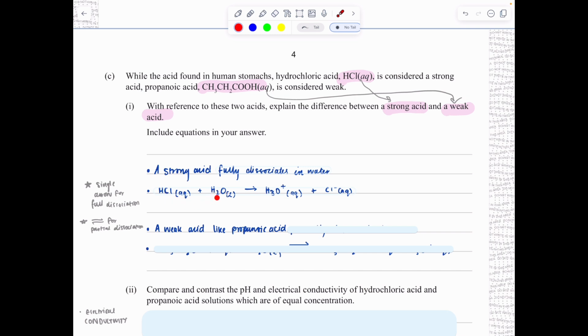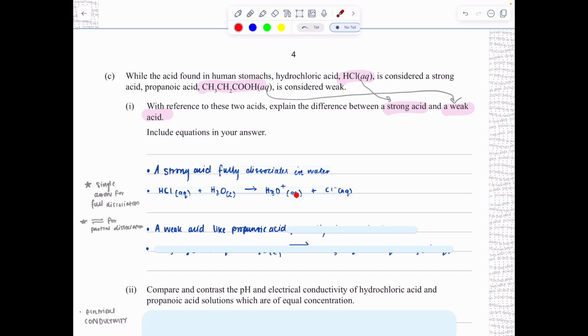While donating a hydrogen to the water, it has formed H3O+, because this is an extra hydrogen from the HCl. So that hydrogen that's been donated leaves behind a Cl-. The reason why it's minus is because it's lost a hydrogen which is positively charged.